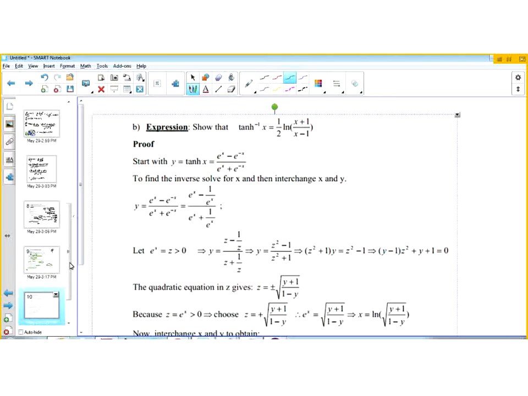The calculations are a little bit involved with this one, but we'll go ahead. I guess we can look at the graph first.